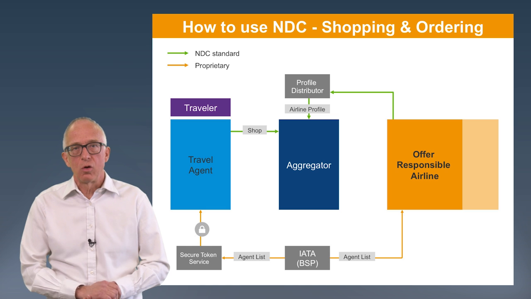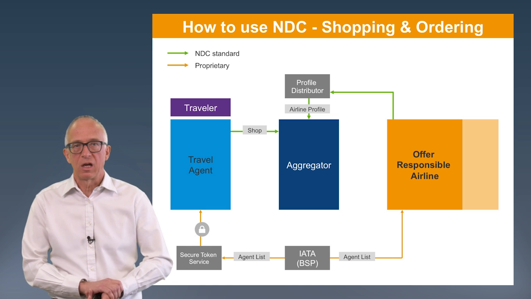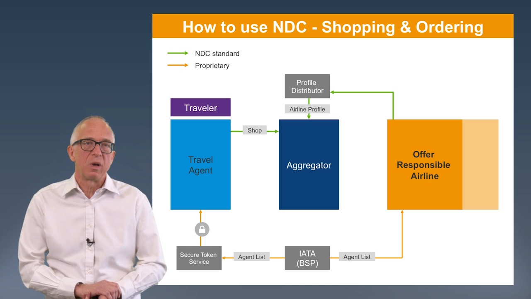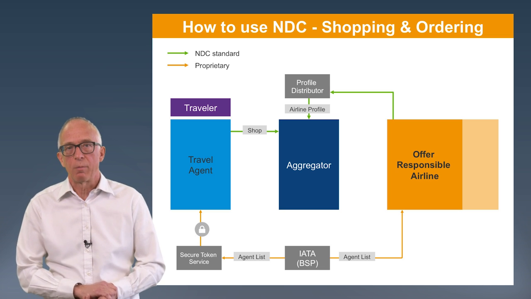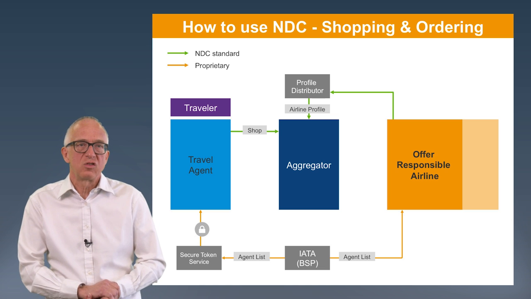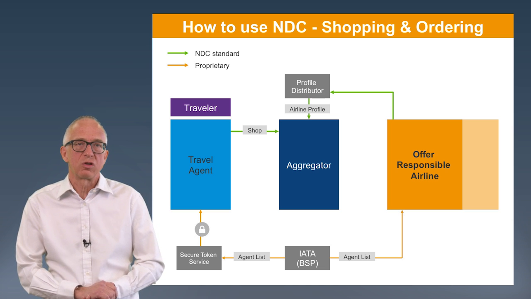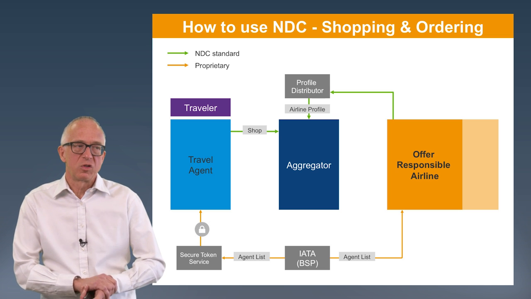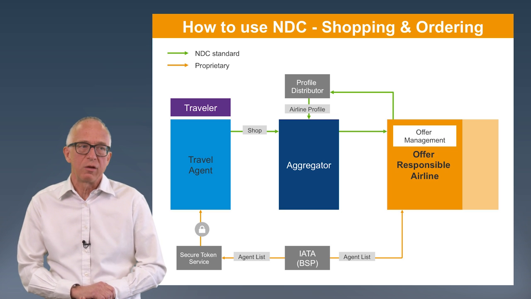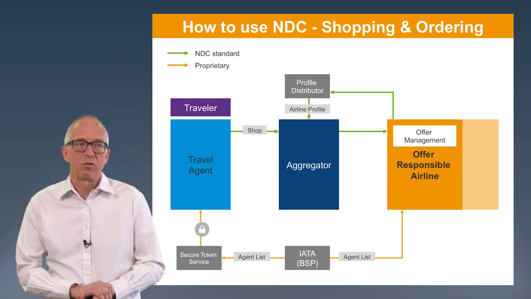And the aggregator looks at the particular geographic market that is being requested, compares that to different airline profiles, and ascertains which airlines to send the shopping request onto. So if our offer responsible airline is one of those relevant airlines, they will receive the complete shopping request from the travel agent.